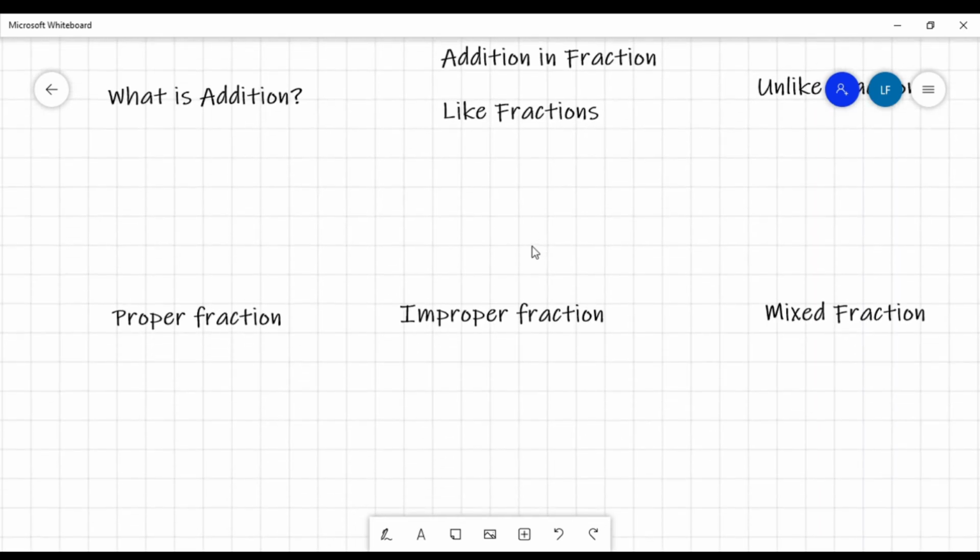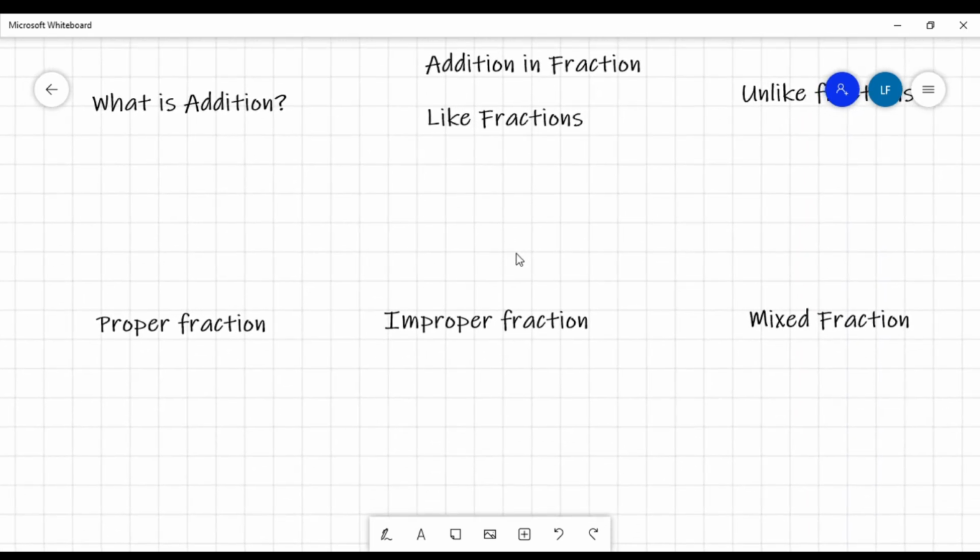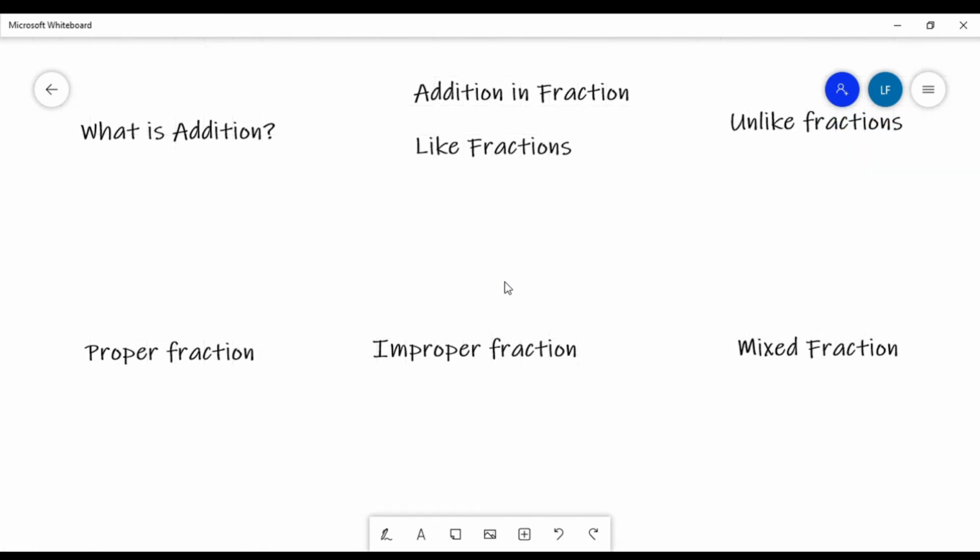Okay, now let's go for addition of fractions. So what is addition?